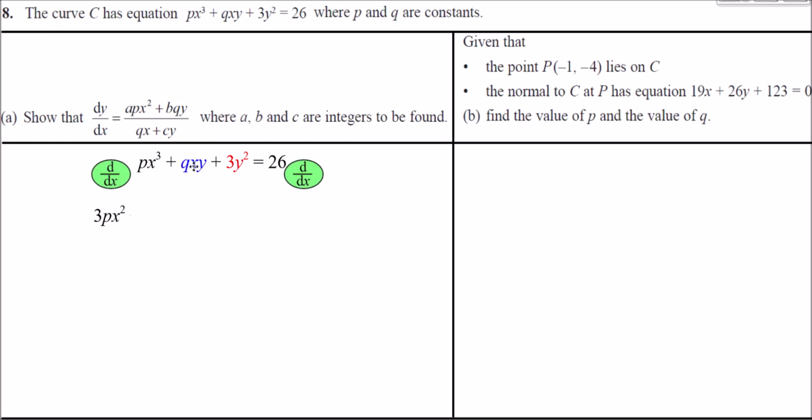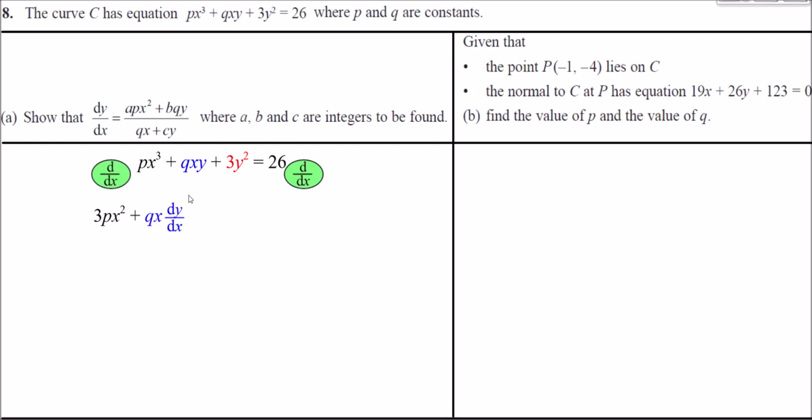To differentiate a product, the first thing is to hold constant the first term and then multiply it by the derivative of the second term. So if I hold qx constant and multiply that by the derivative of the second term y, the first part will give me qx, and that becomes dy by dx. So you get qx dy by dx.